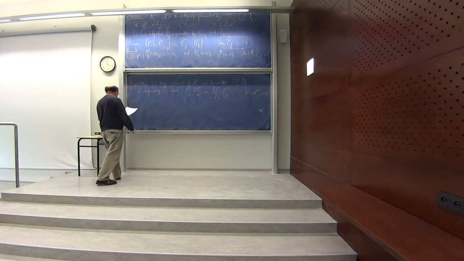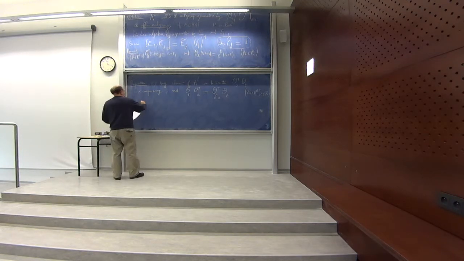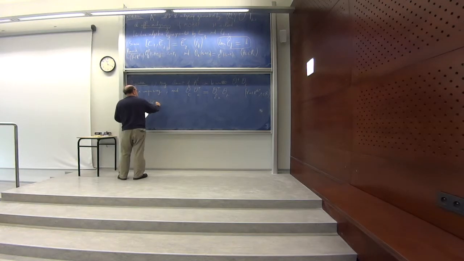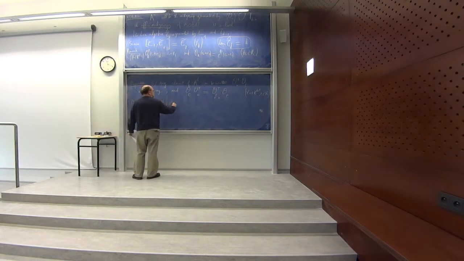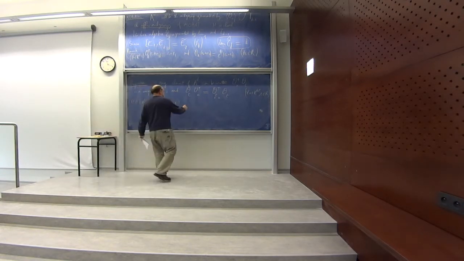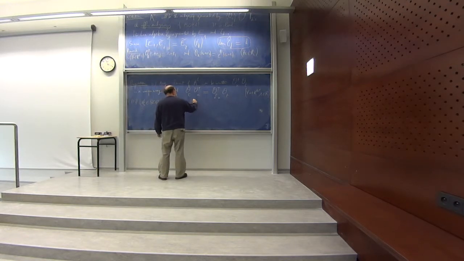Then, for any rho in the rotation group of index d minus 1, this is important, and for any x, t like before, I have the commutation relations.